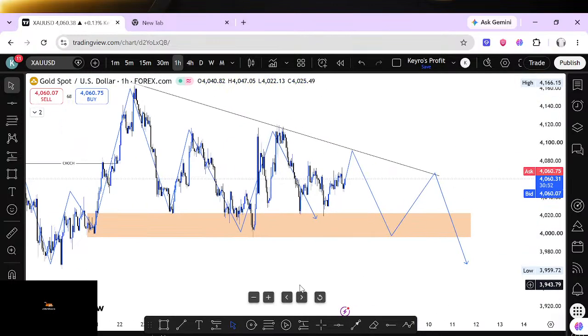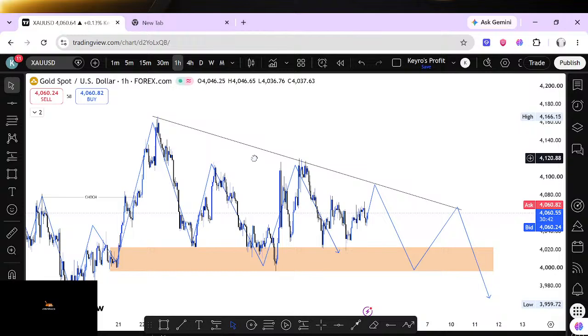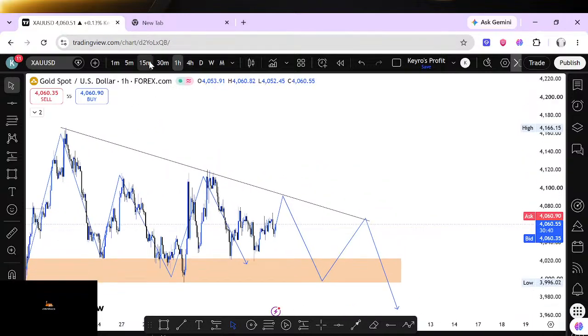As you can see, the market is moving on perfectly well and nicely. All right, the change of structure, change of character, and all that, it happens here. Let's go to the 15 minutes.